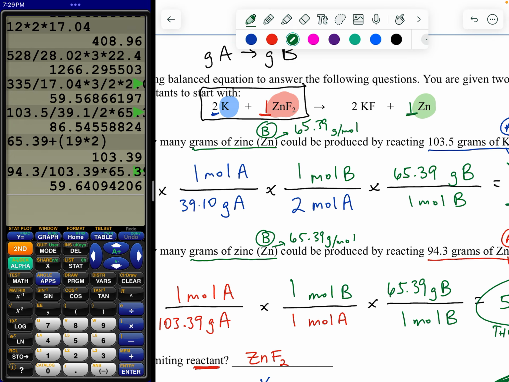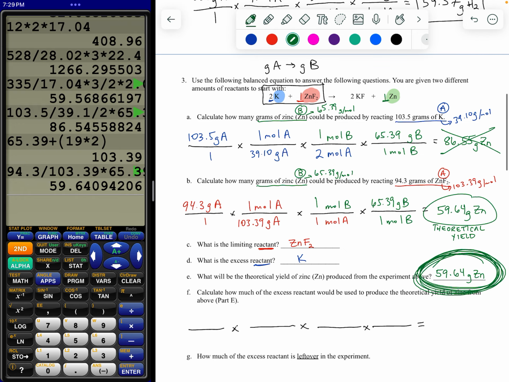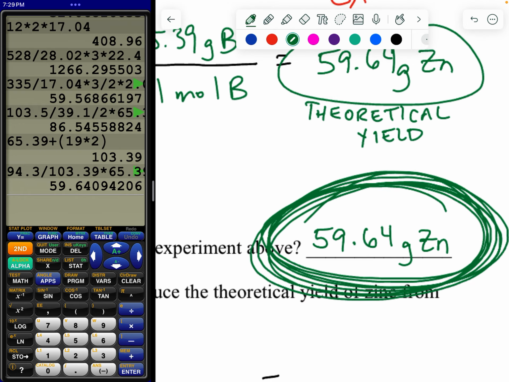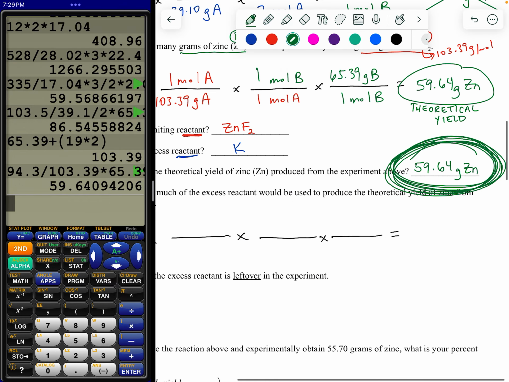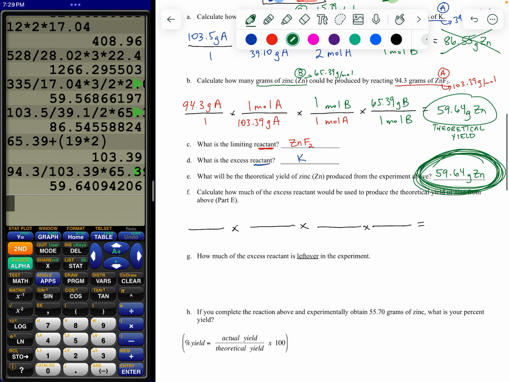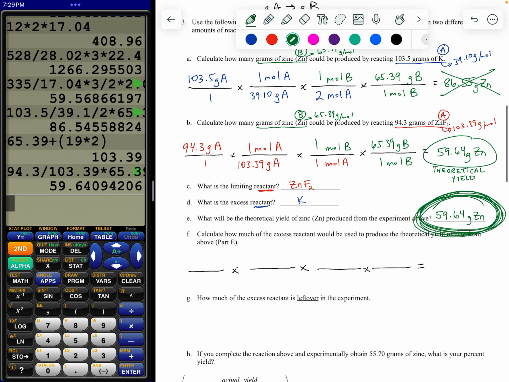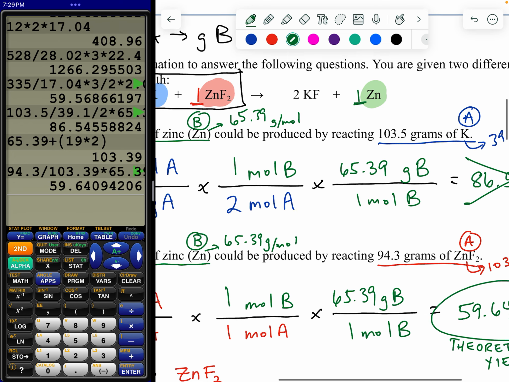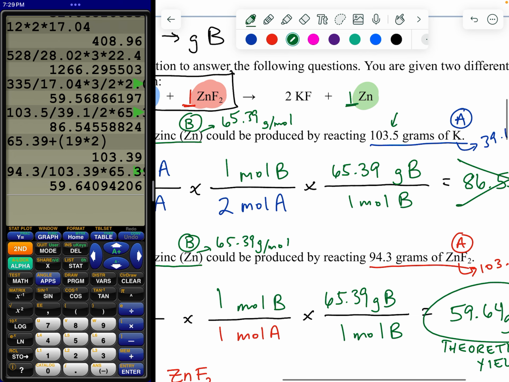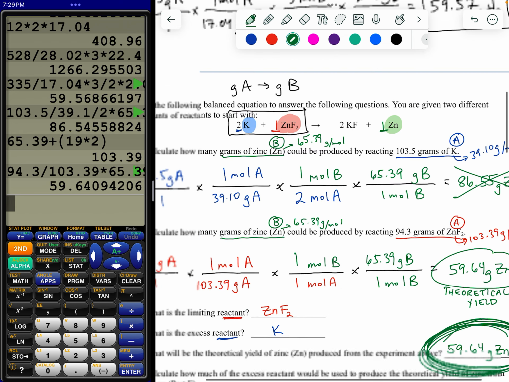And so we can say, if we know, based on these amounts of reactants, how much zinc we should be able to produce, then we can also figure out, based off of that amount, how much of the excess reactant we had too much of, right? This 103.5 grams of potassium, how much of this actually reacted, because this doesn't completely react, right? We have some left over.